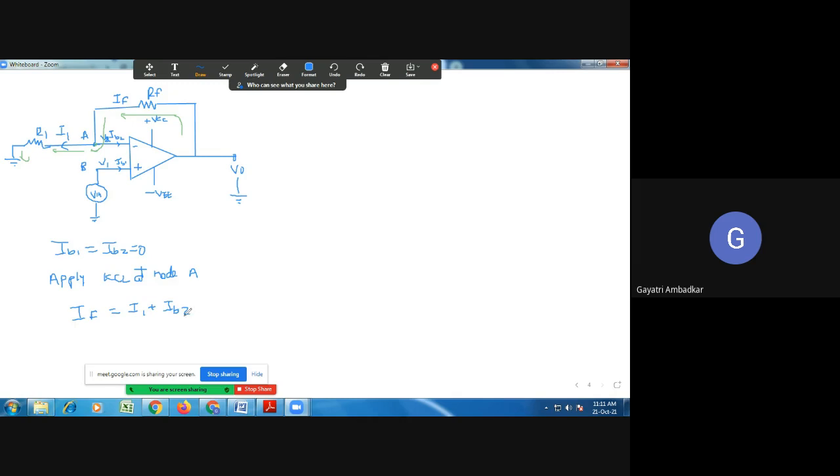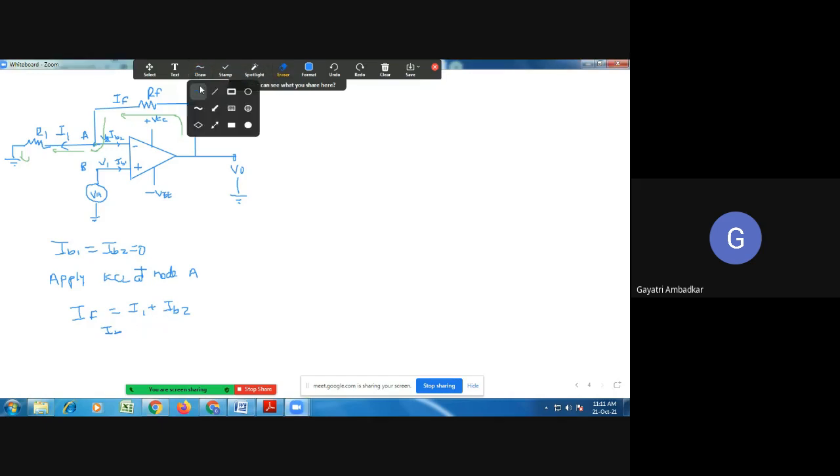But as IB2 is 0, IB2 equal to 0, therefore IF equal to I1, right? IF equal to I1.